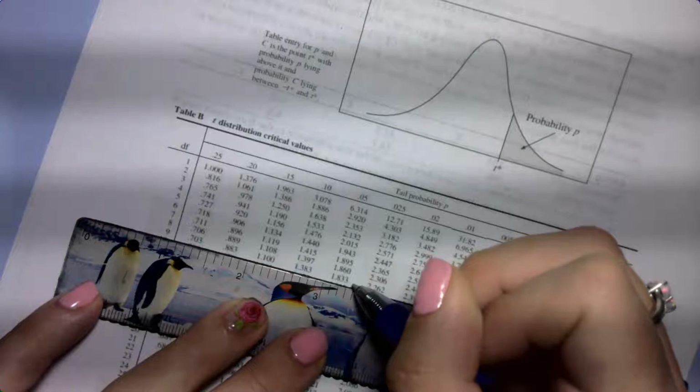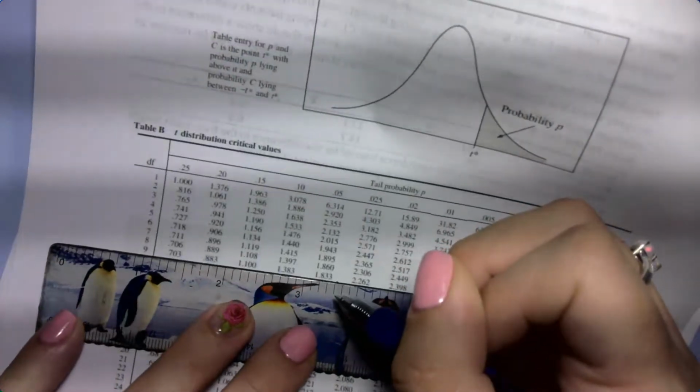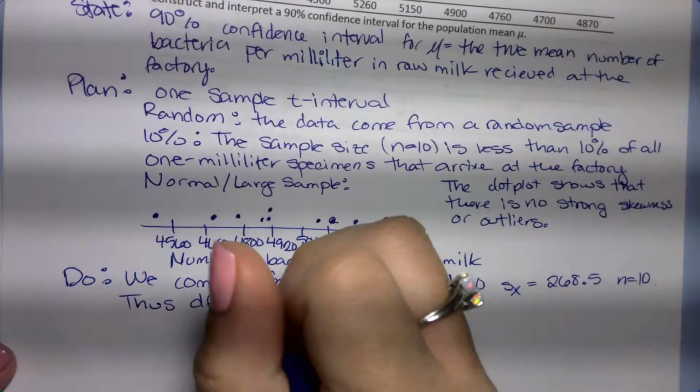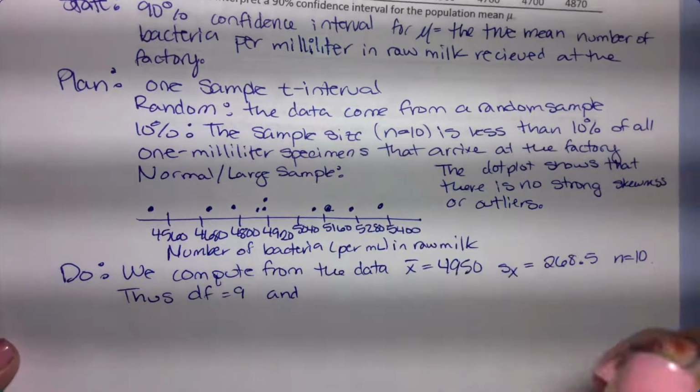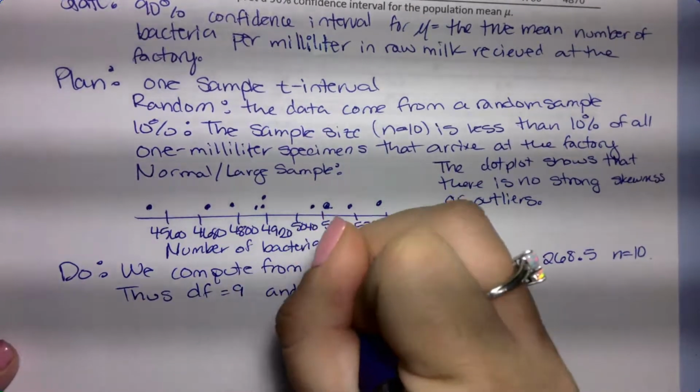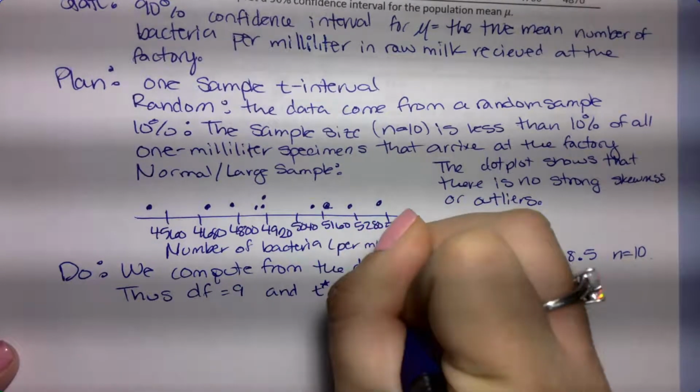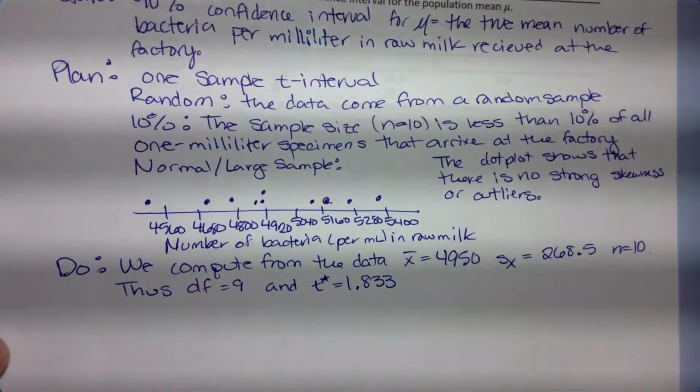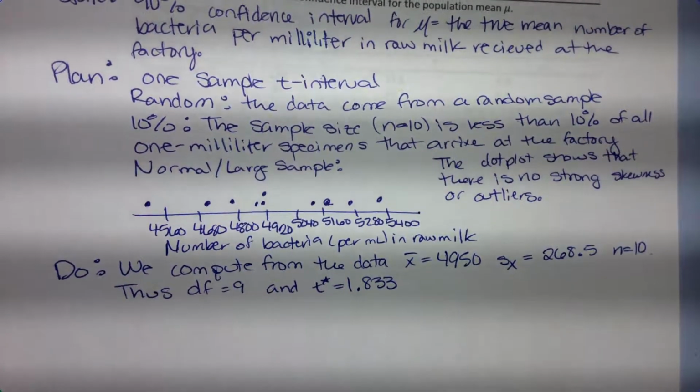So 1.833. Then I want to write out my confidence interval.